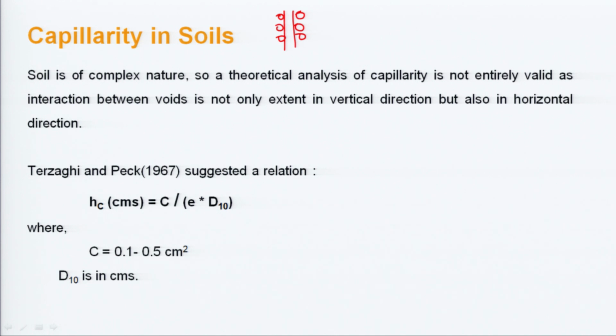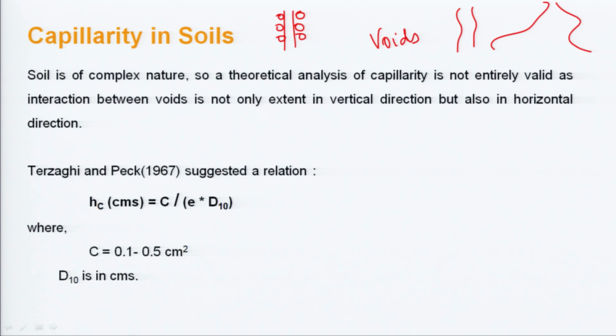That is, the theoretical analysis of capillarity that we talked about is not like the physics or the chemistry one that you study. Here it is not entirely valid, as interaction between the voids not only extends in the vertical direction but also in the horizontal direction. So, the voids are not like a straight line only, they can move up like this also.